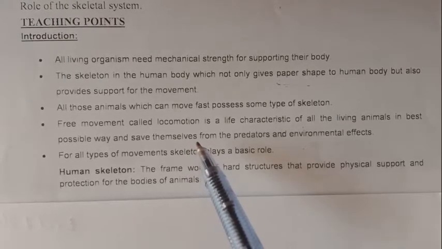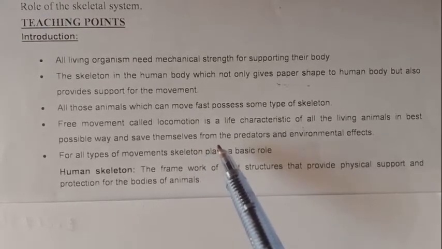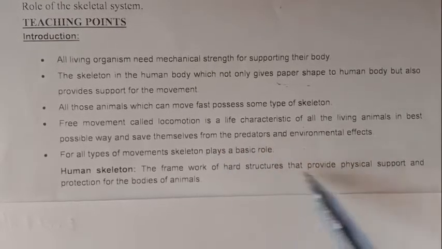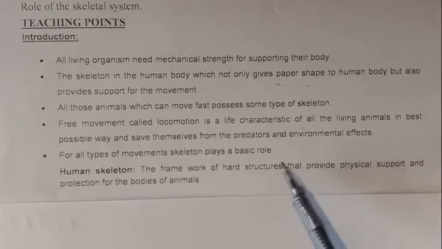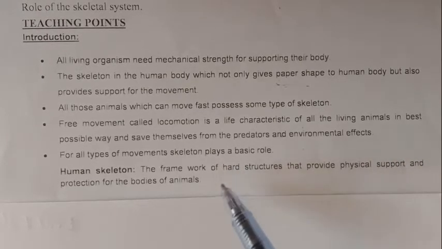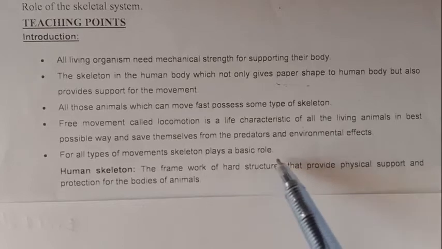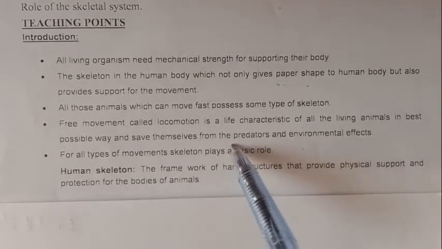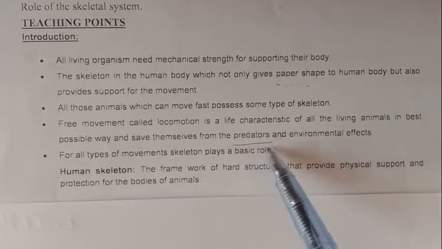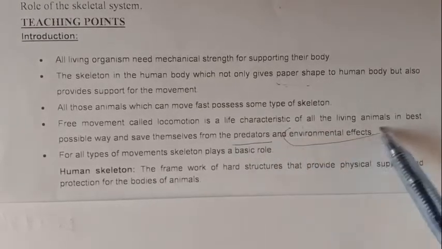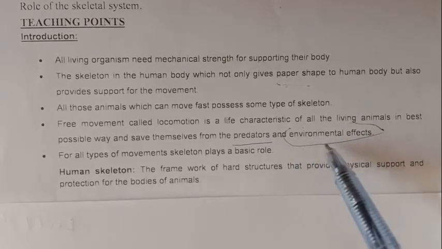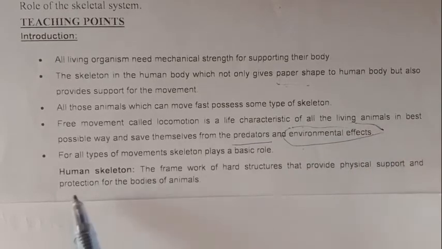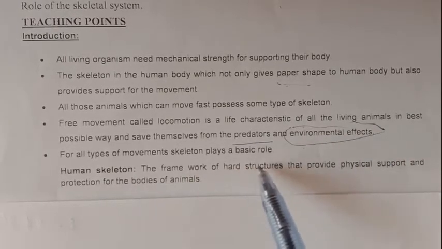Its importance is that it helps in the survival of animals, and they can move away from predators and from environmental effects like drought and storm. For all types of movement, the skeleton plays a basic role.